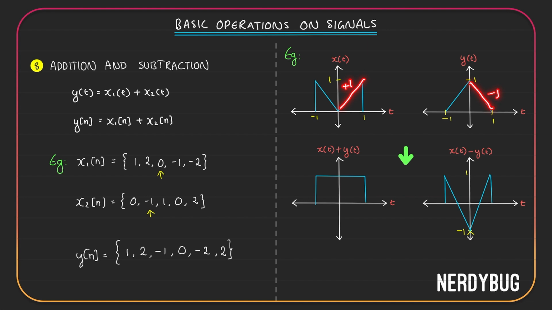Plus 1 minus minus 1 is plus 2. Are we getting plus 2 slope here? Yes. This side is 2 and this side is 1. So the slope is plus 2. So one thing is very obvious. When you add the signals, their values get added. The slope also gets added.